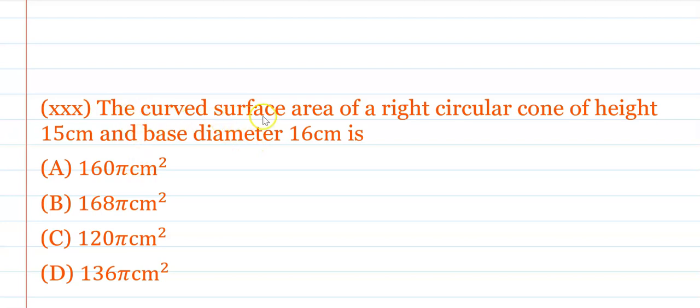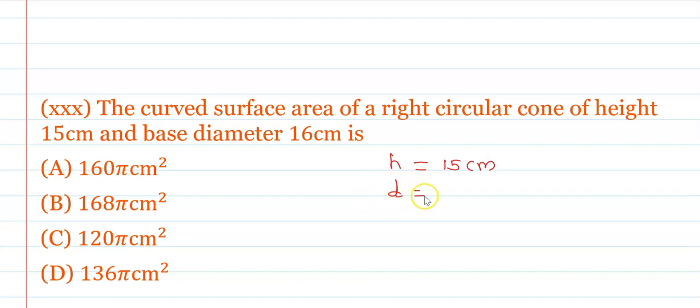The curved surface area of a right circular cone of height 15 centimeter, means what, the height of that cone is 15 centimeter. Okay. Base diameter is 16 centimeter.